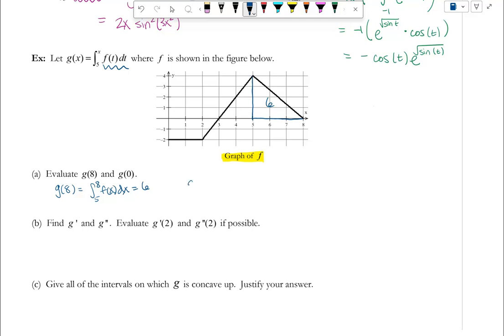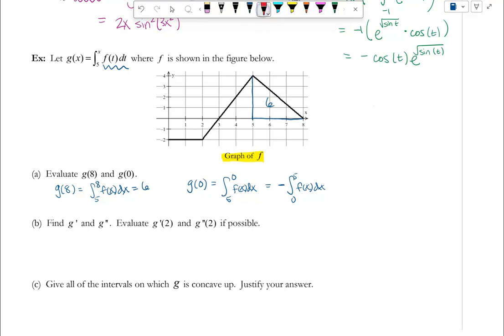All right, I'm also finding g of 0, which is from 5 to 0 of f of x dx. And if you're like me, I don't like my limits going right to left. I like to read left to right. So I'm going to reverse those limits. All right, so I need my area from 0 to 5.